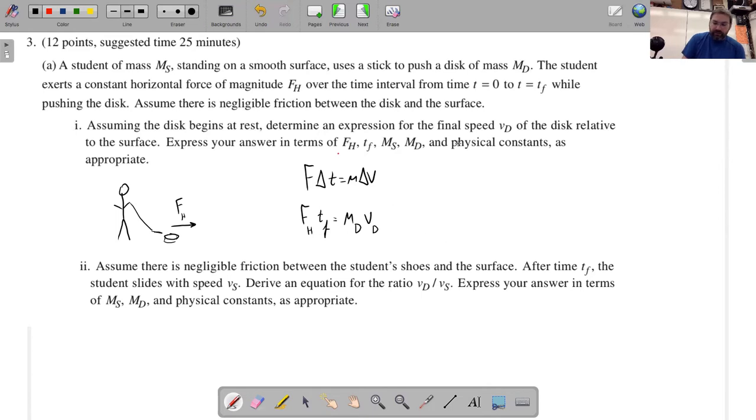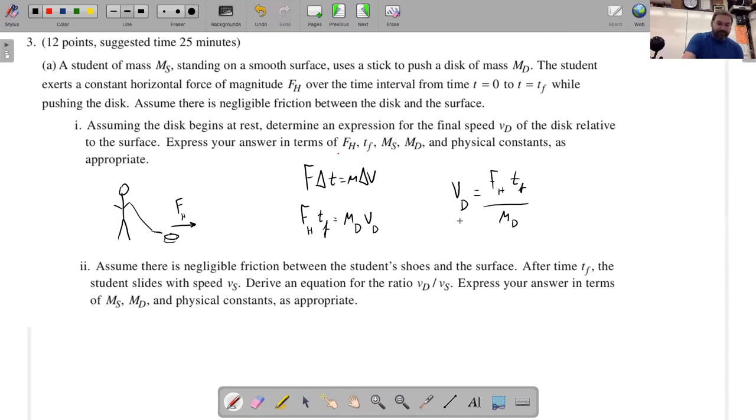We want to determine an expression for the final speed of the disk relative to the surface in terms of f sub h, t sub f, m sub s, m sub d, and any physical constants, which could include gravity, but we want v sub d. So v sub d is equal to f sub h times t sub f divided by m sub d.